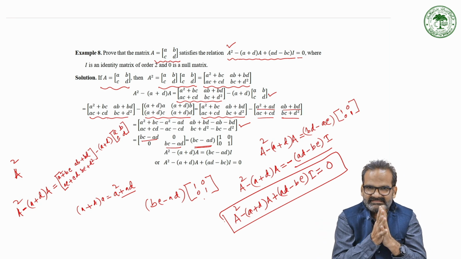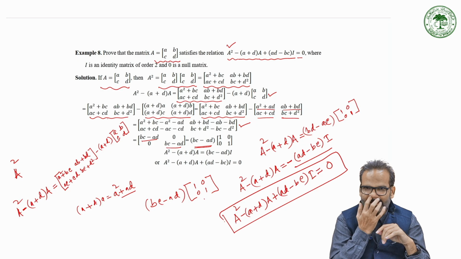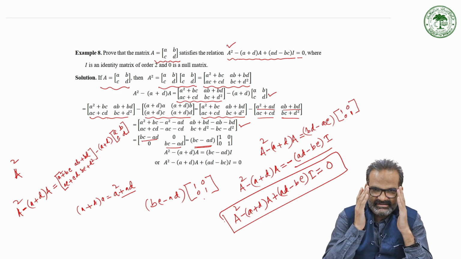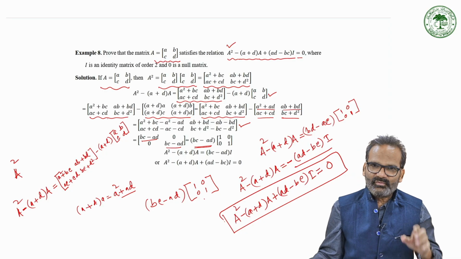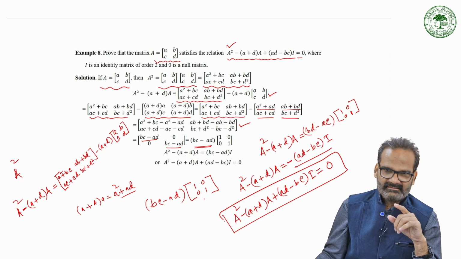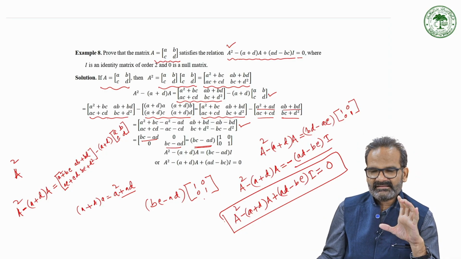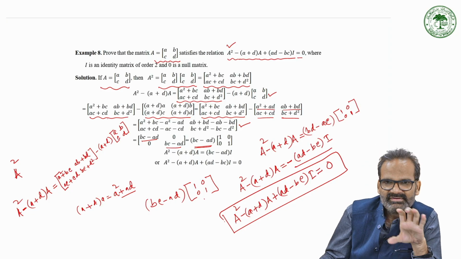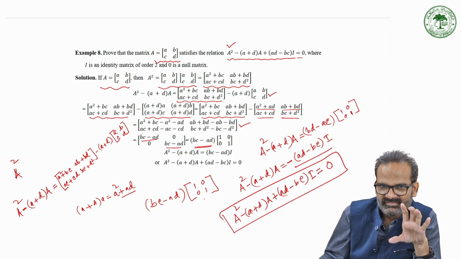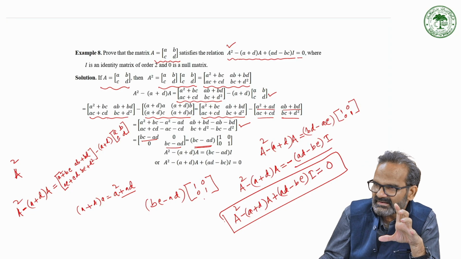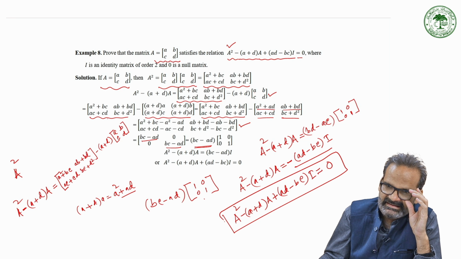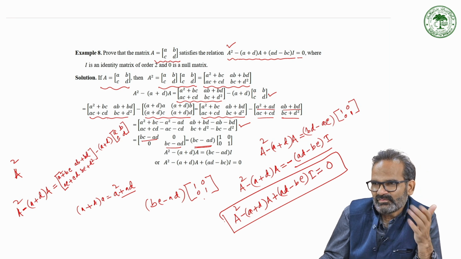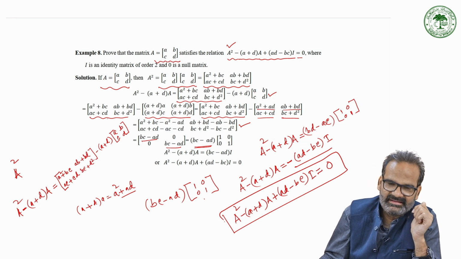So here the matrix A equals [A, B; C, D] satisfies this matrix equation, meaning this matrix is a root of this equation. So from this matrix we will show that the equation is satisfied. This is how we can prove that a specific matrix can satisfy a matrix equation in a very similar way as any value of x satisfies a specific equation in general cases.